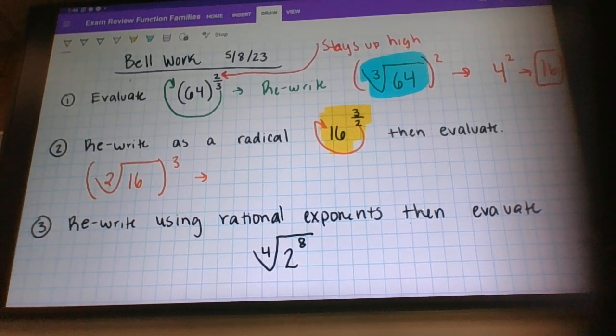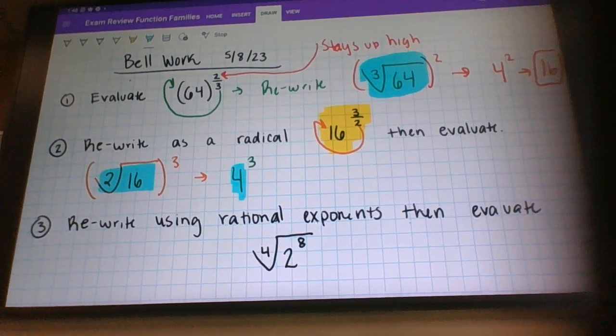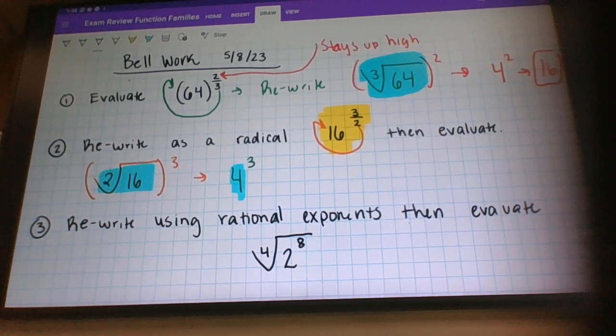Does anybody know what the square root of 16 is? It is 4. So what's just inside here, I can replace with 4. And so now I have to do 4 times 4 times 4. And that's where 64 comes from. Final answer.